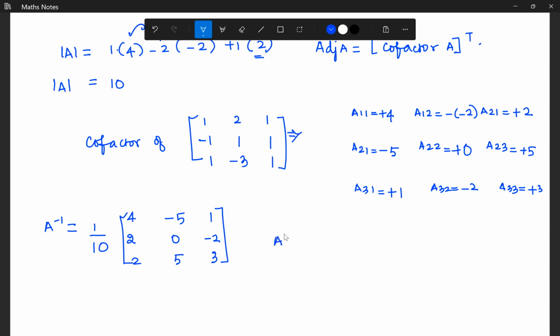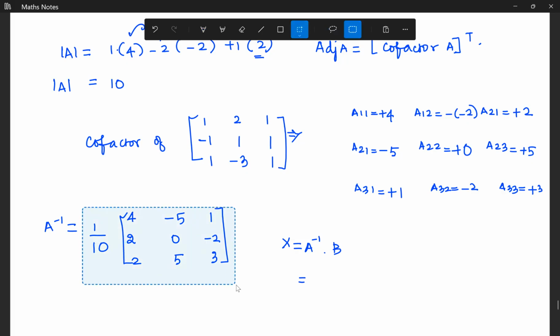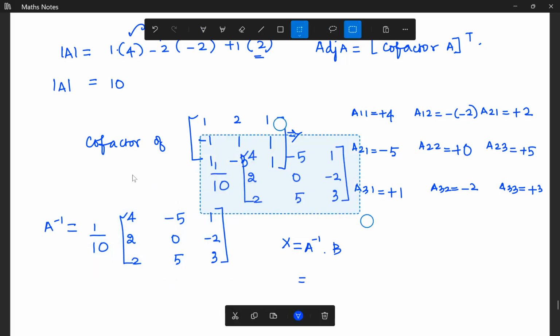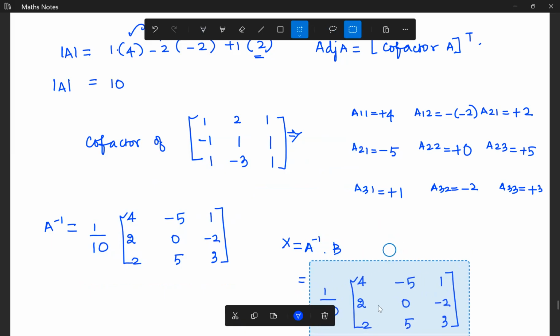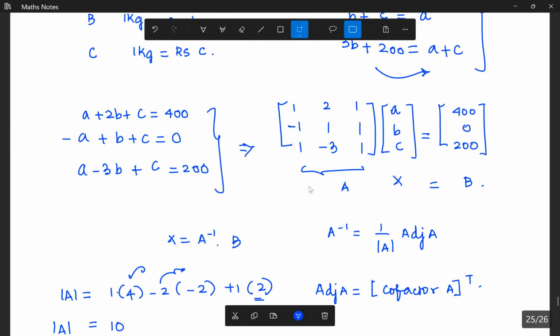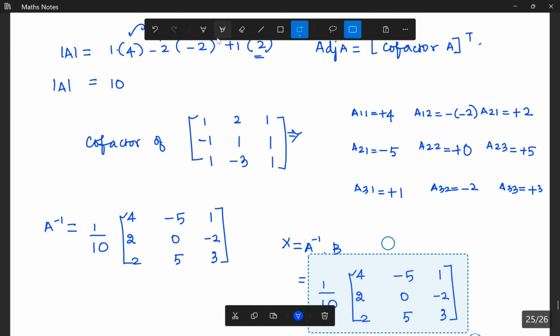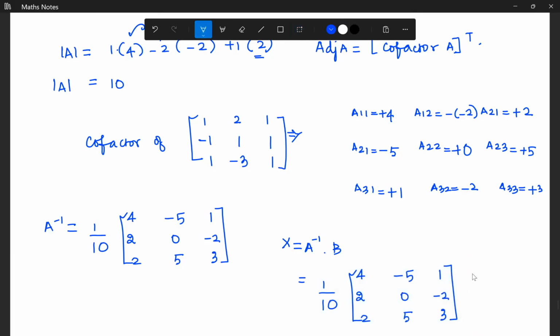So X is equal to A inverse into B. A inverse is ready. B matrix is also ready. B matrix is the constant matrix, which is 400, 0, and 200.